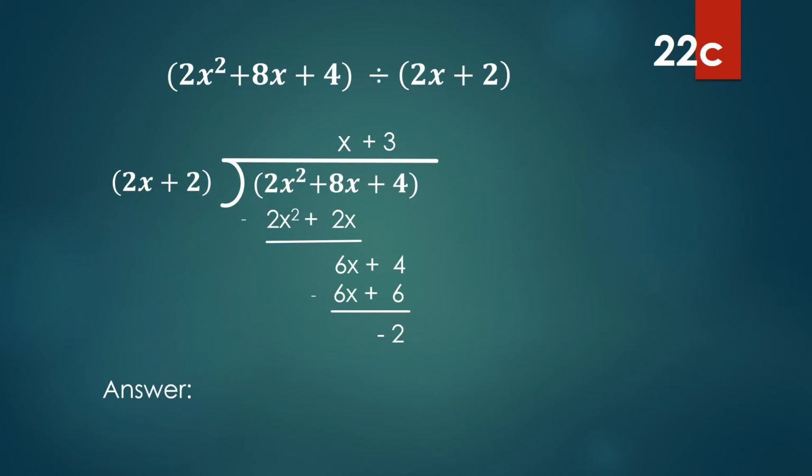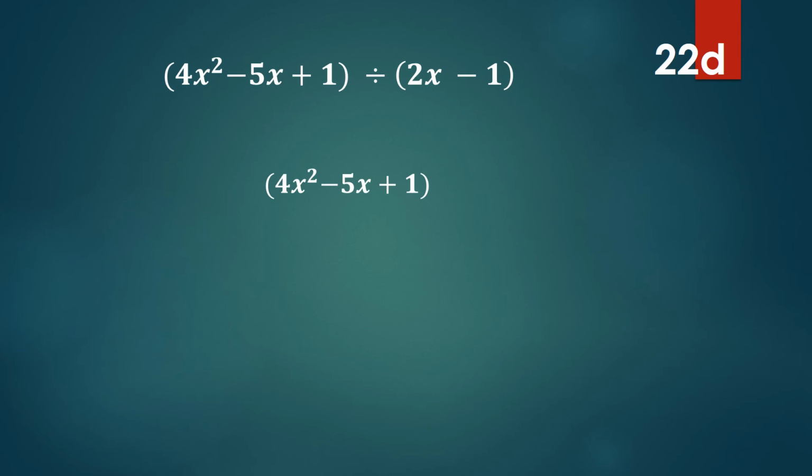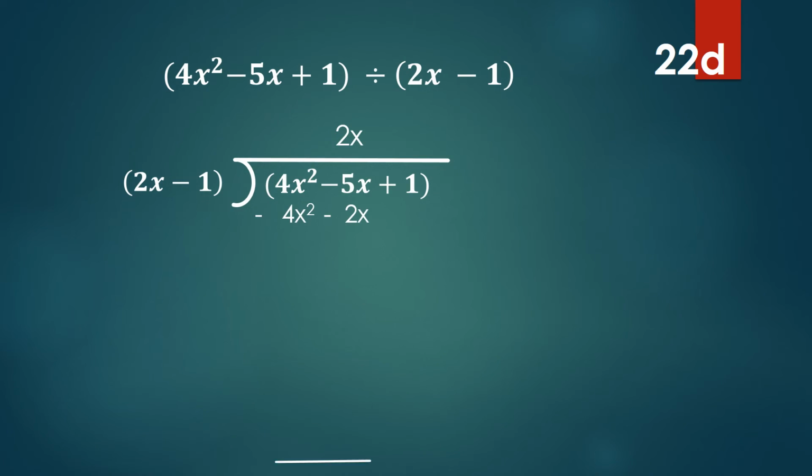So your answer is set up like this: 2x plus 1 times x plus 3 is equal to negative 2. Remember, because this was a negative 2, you added 2 to both sides of the equation, so it became plus 2. We just went back a question.